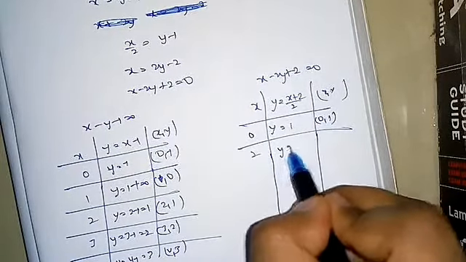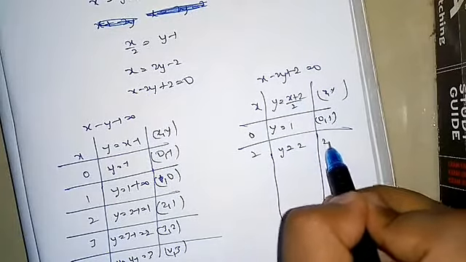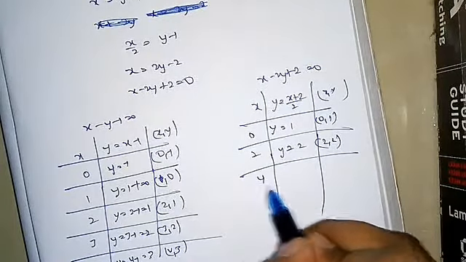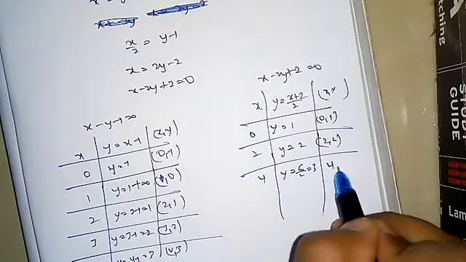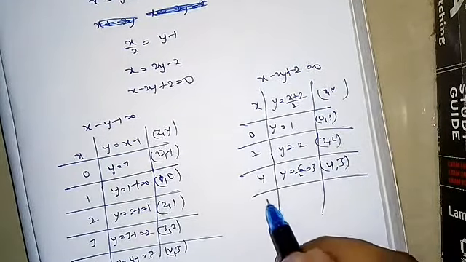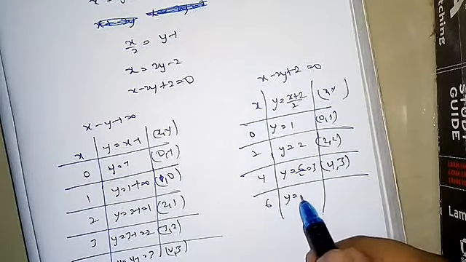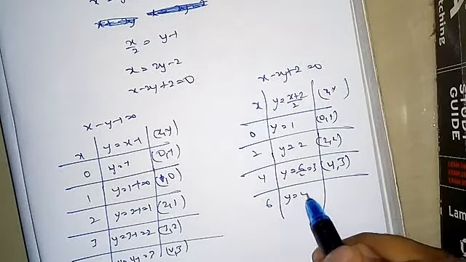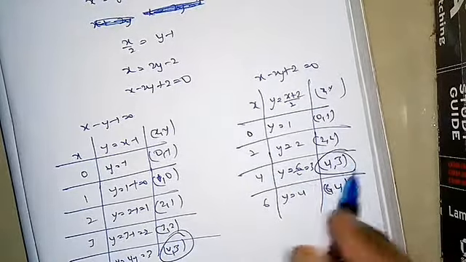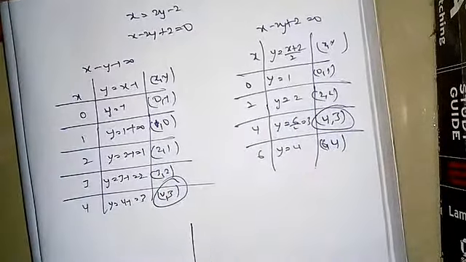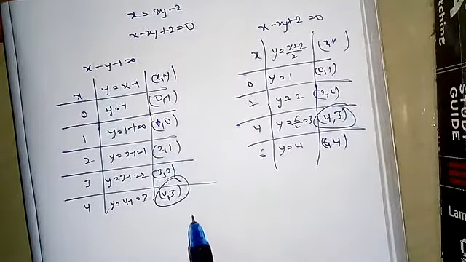For 2, y will be 2 plus 2 by 2, which is 2, so 2 comma 2. For 4, y is equal to 4 plus 2 by 2, which is 3, so 4 comma 3. For 6, y is 6 plus 2 is 8 by 2, which is 4, so 6 comma 4. If you observe, you have a common point here. Let's plot these lines on the graph.